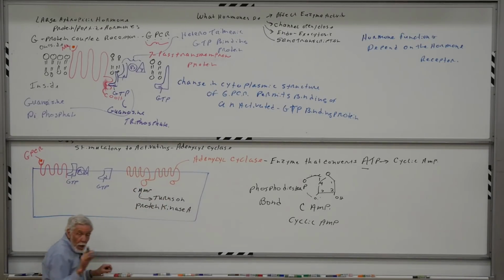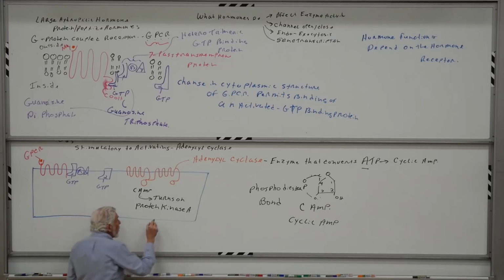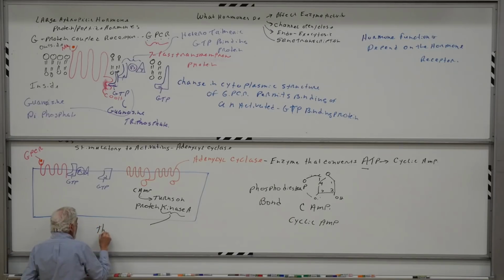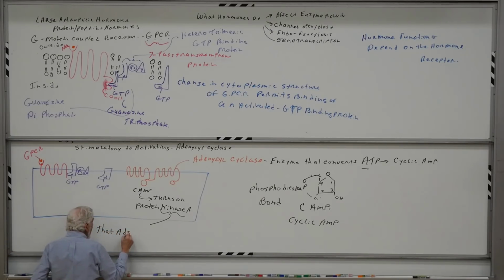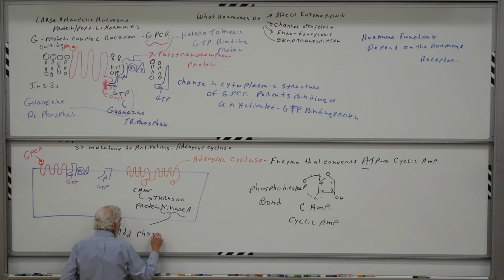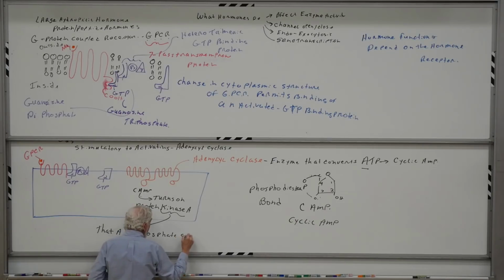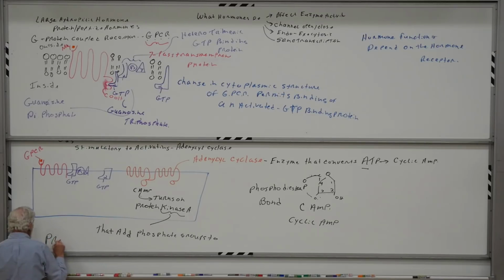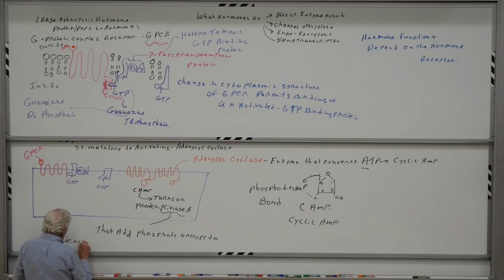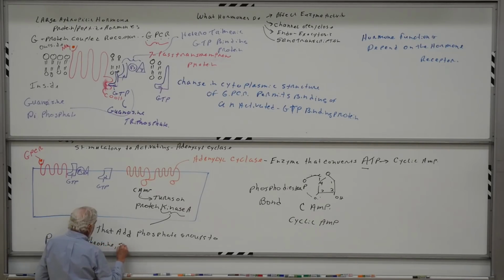Now, an important idea I want you to hold on to, because we'll refer to this over and over again, is whenever you see this term kinase in biology, a kinase is an enzyme that adds phosphate groups to proteins. To help you hold on to this, the only place we can add these phosphates, for this enzyme at least, is to threonines and serine.